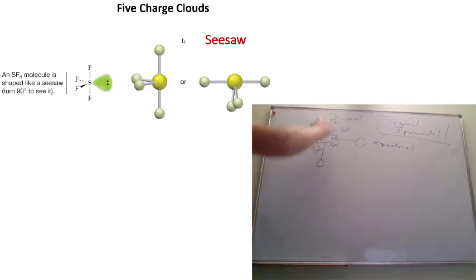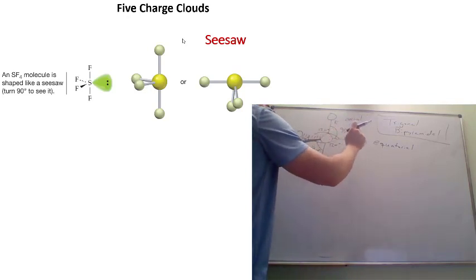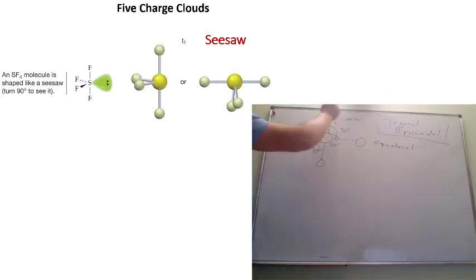So if we take a look at our bond angles here, we see the axial is only 90 degrees away from three other atoms. Whereas if you substitute those lone pair in the equatorial position, they'll be 120 degrees away from their neighbors. So there's much more room for electrons to spread out if they substitute equatorially than if they substitute axially.